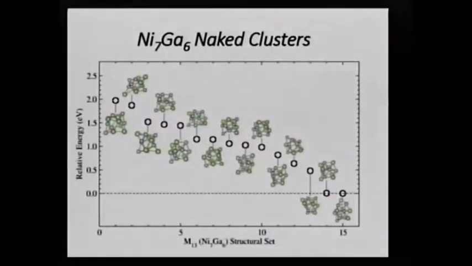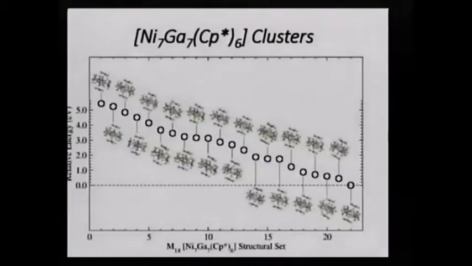However, when we put the ligands around, the behavior of this kind of cluster totally changes, to a system like that. Here we show the M14 cluster results, the mapping that we have done.